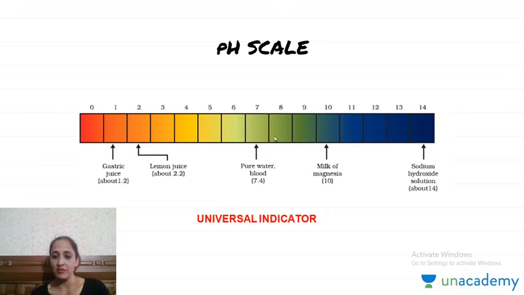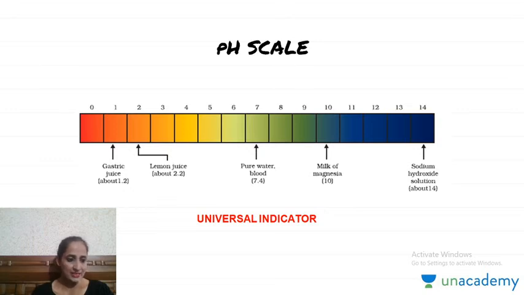It will match here at number 7, so that means water is neutral. If something matches at this color, that means the pH of that solution is somewhere between 1 to 2. This is how we use a pH strip to calculate pH.